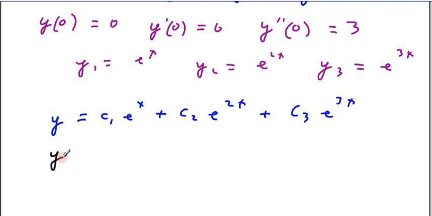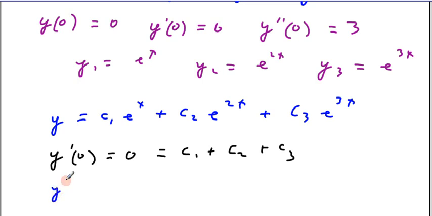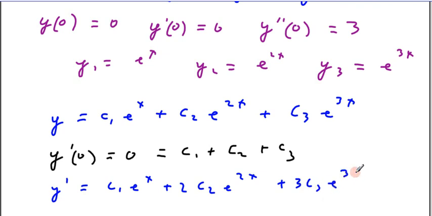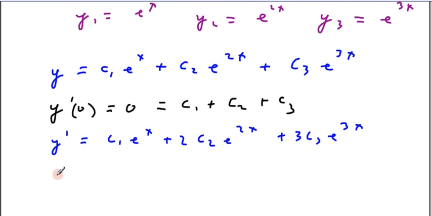Applying the first initial condition, y at 0 is 0, implies c1 plus c2 plus c3 are 0. And it'd be nice if I made that c2 a little better, a little more of a c. Okay. Now we're going to look at the first derivative, c1 e to the x plus 2 c2 e to the 2x plus 3c3 e to the 3x. And we find that y prime at 0 is 0.